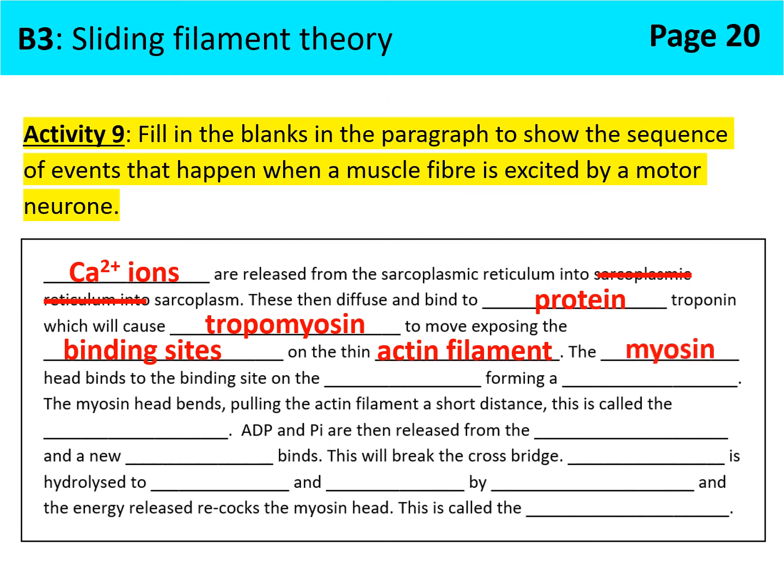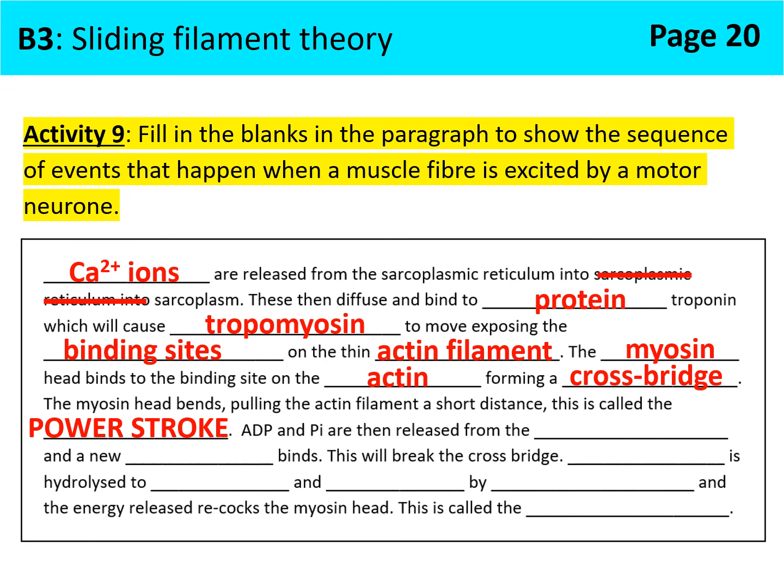So the myosin heads bind to the binding site on the actin, forming a cross bridge. The myosin head then bends, which pulls the thinner actin filament a short distance over the top of the thicker myosin filament. This is called the power stroke. So the force that is put on the myosin head against the thin actin causes the actin to move, called the power stroke.